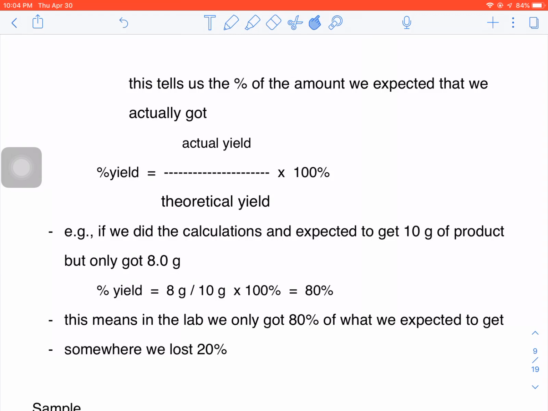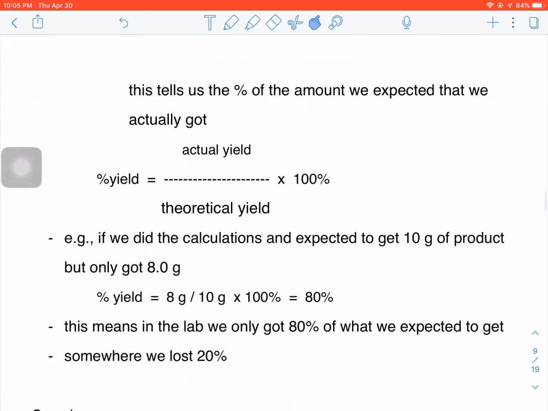When I do a percent, we've got a calculation called the percent yield. This is our last formula for this section. Percent yield says, let's look at how much we got when we did the lab, divide that number by the amount that we were expecting, our theoretical, our calculator value, and multiply by 100.